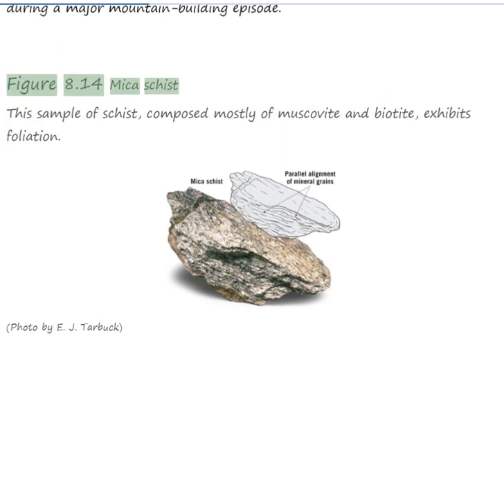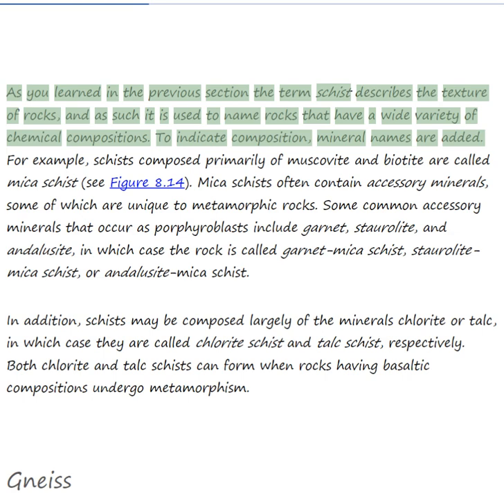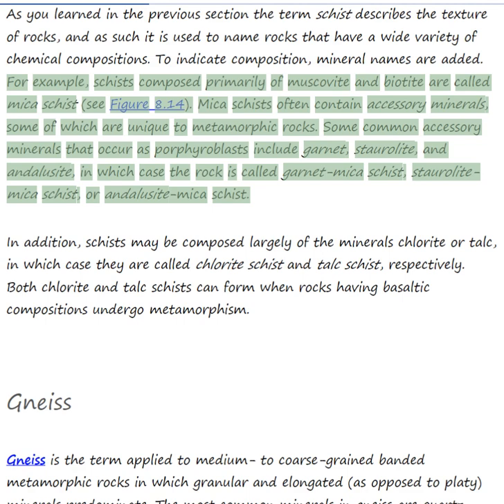Figure 8.14 Mica schist. As you learned in the previous section, the term schist describes the texture of rocks, and as such it is used to name rocks that have a wide variety of chemical compositions. To indicate composition, mineral names are added. For example, schists composed primarily of muscovite and biotite are called mica schist.